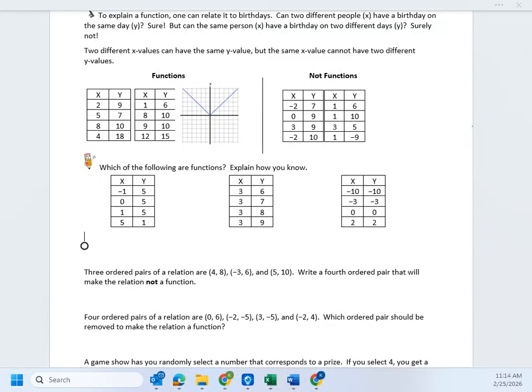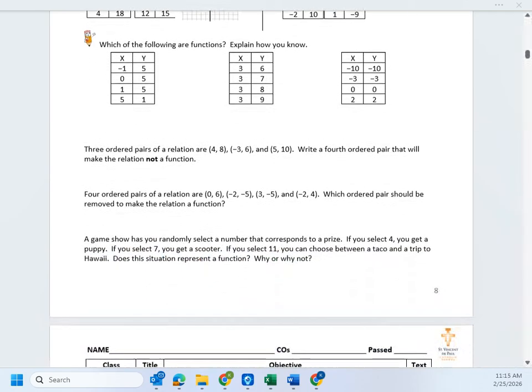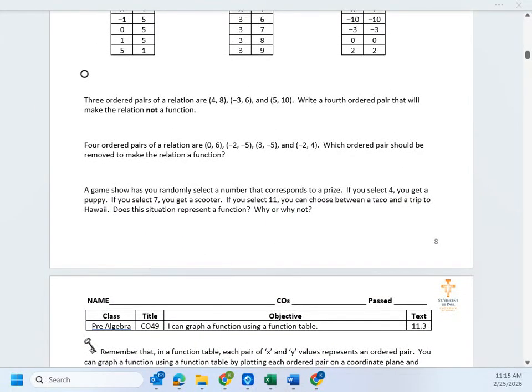You can have birthday buddies, right? So figure out what are the x's, what are the y's? What's being repeated? Is it a function or not a function? Is there nothing being repeated? You decide. And put why or why not, function or not a function.